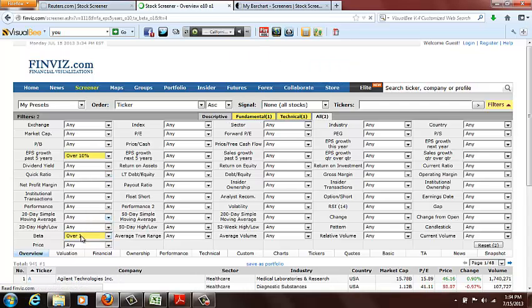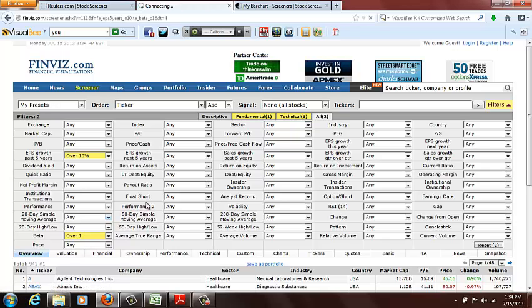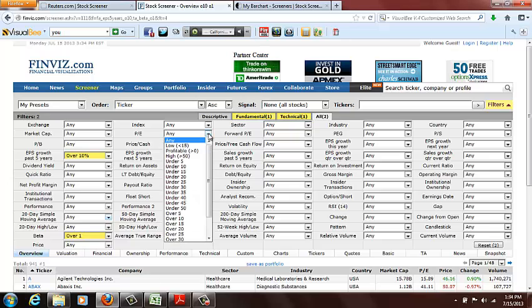Okay, we don't care about the price right now. The next specific one that we're trying to do is the price earnings, the second one in this column. This one is telling us a valuation ratio of a company's current share price compared to its per share earnings. Again, we're looking for one specific number that is less than 20.